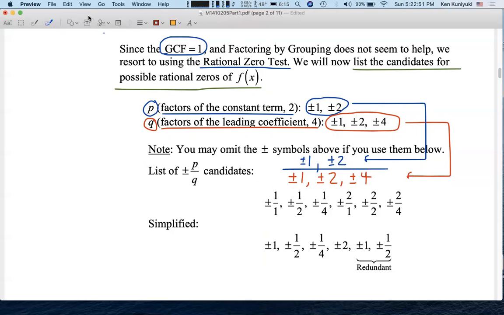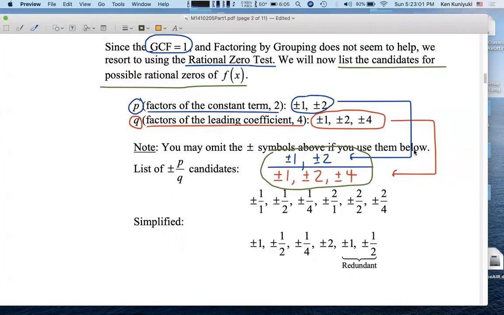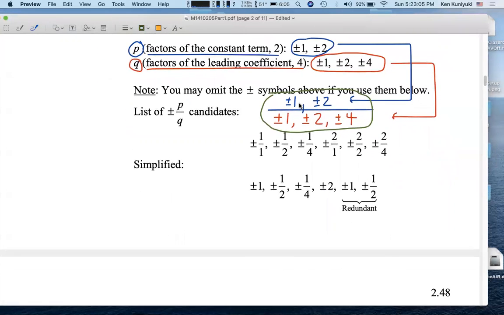Again, you can think of this as a template that you can work off of. Never give this as your final answer, but this is a template that you can work off of. So let's get the various combinations we can get here. The various possible values of the numerator over the various possible values of the denominator.